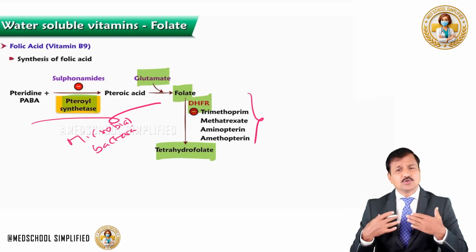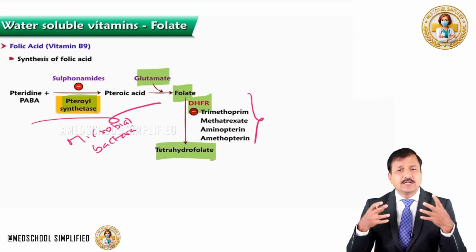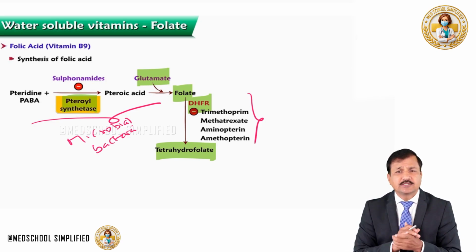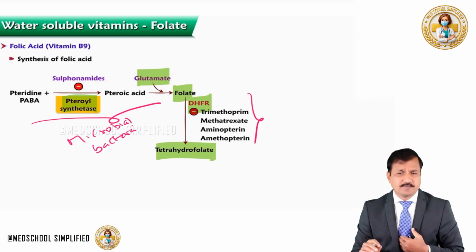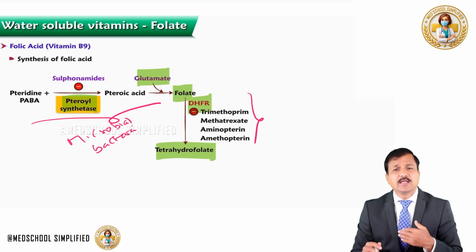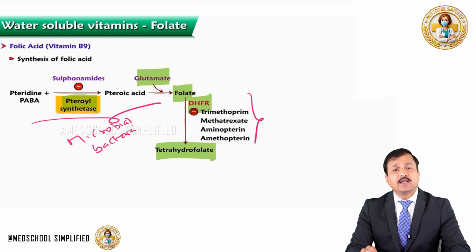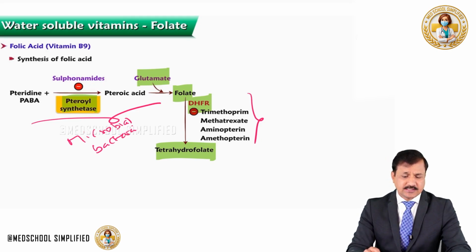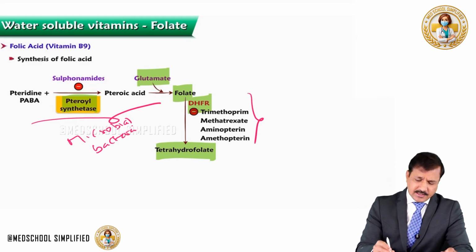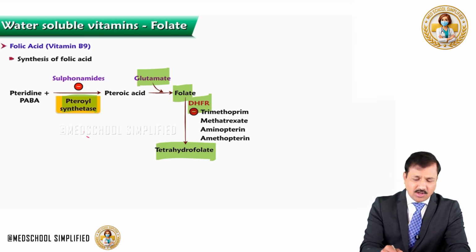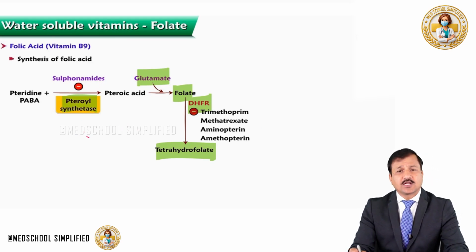And then once we consume the plant source which is rich in folate, in our intestine that polyglutamate tail of folate will be separated into the monoglutamate form and we absorb that. And once it gets into our body, it will be converted into tetrahydrofolate, and that will be done by dihydrofolate reductase. Now, as you see here in this particular figure, there are certain pharmacological agents that will act on some of the reactions that are going on here.